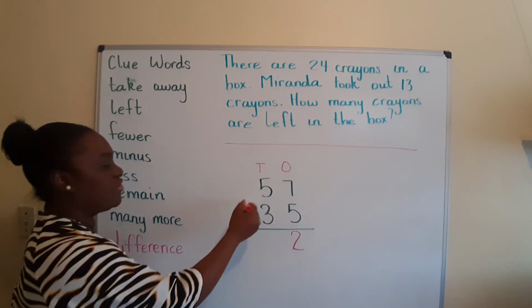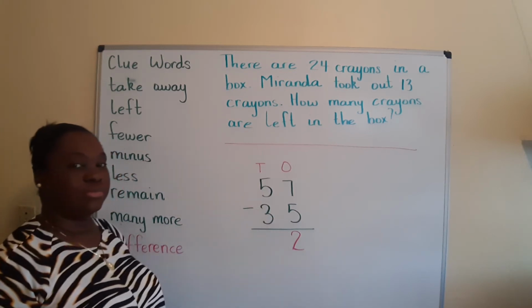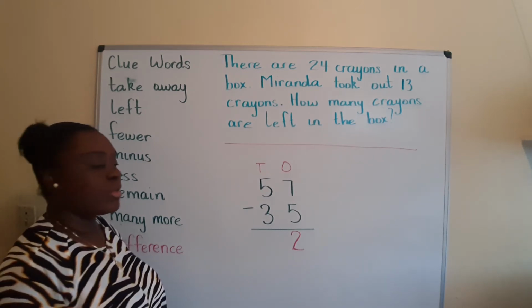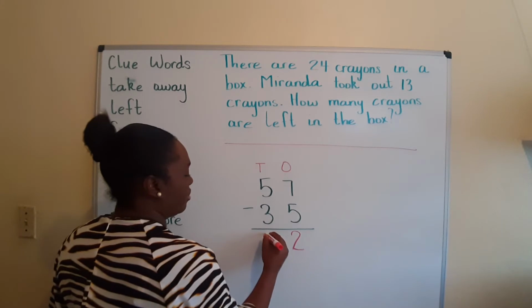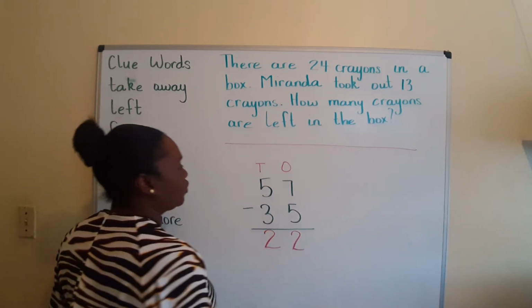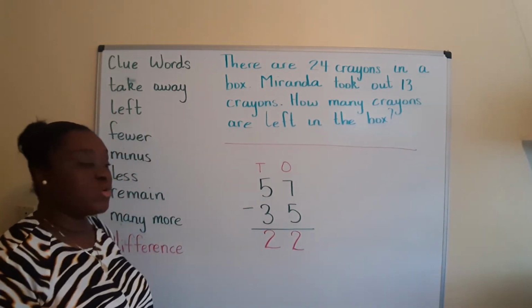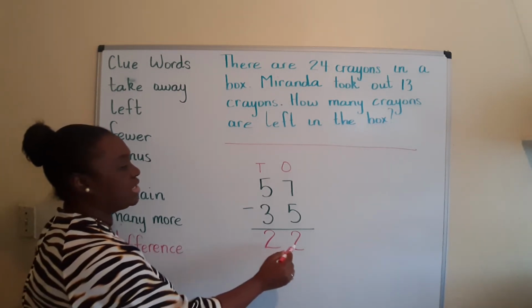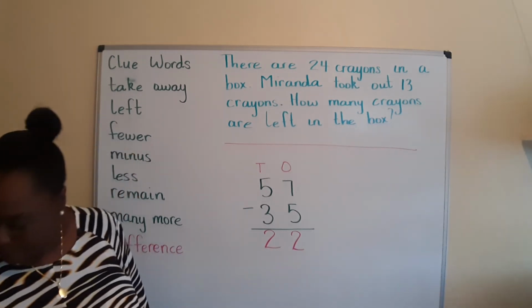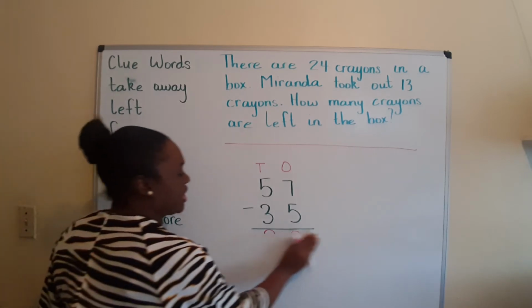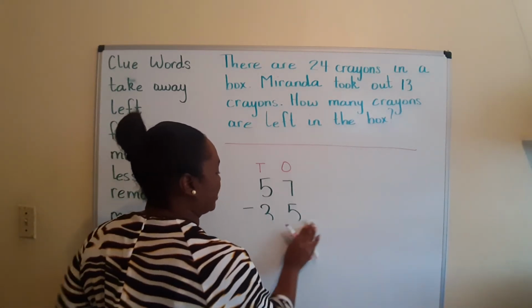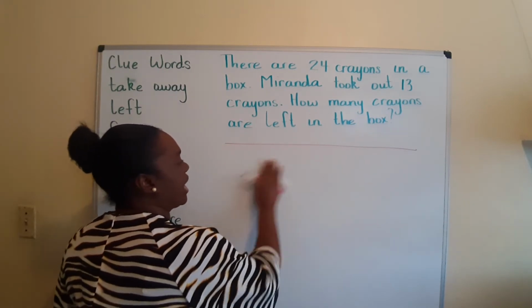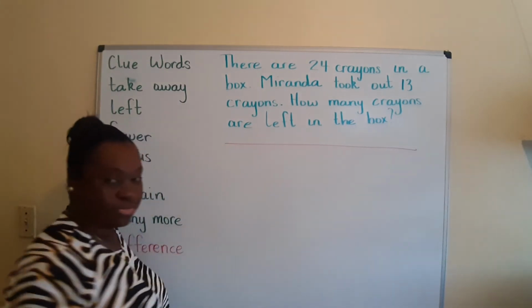What is 5 take away 3? Good job. 2. So our difference would be 22. Give yourself 2 snaps and a clap for getting that correct.